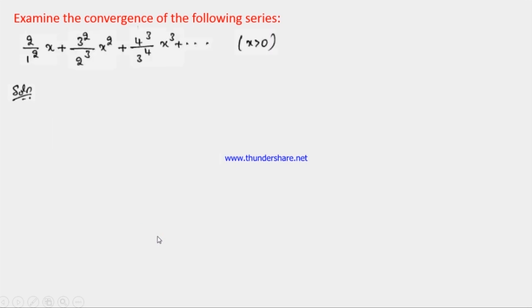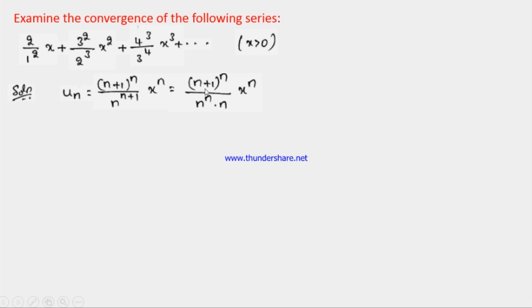Let me move to the next problem. In this problem, the nth term is not given, and you know how to write the nth term. And here the nth term is given by (n plus 1) power n divided by n power (n plus 1) into x power n. And you can note, definitely it is once again in the form of function of n power n.